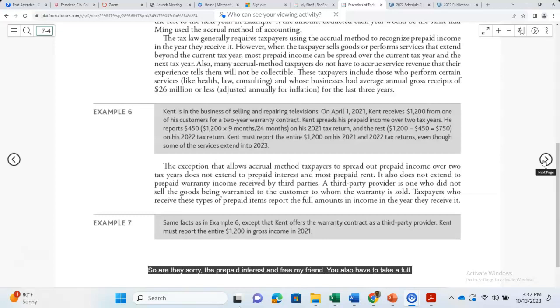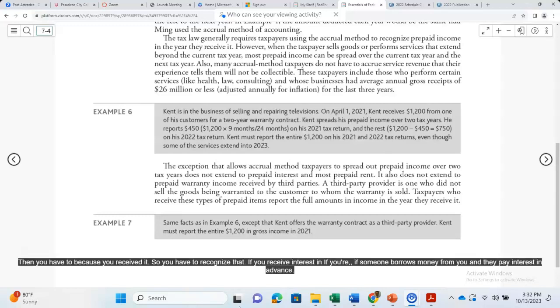So are they saying, sorry, that for prepaid interest and prepaid rent you also have to take the full amount? Yes, prepaid interest and prepaid rent. Because again, if you receive income that is prepaid in advance, because you received it already, you have to recognize that.